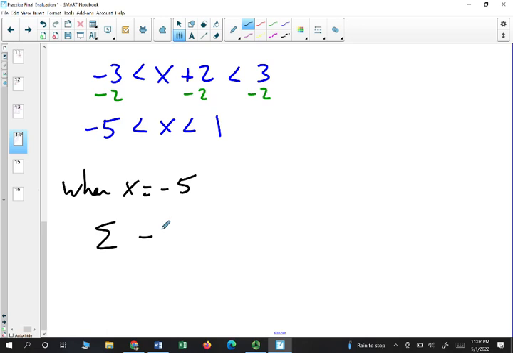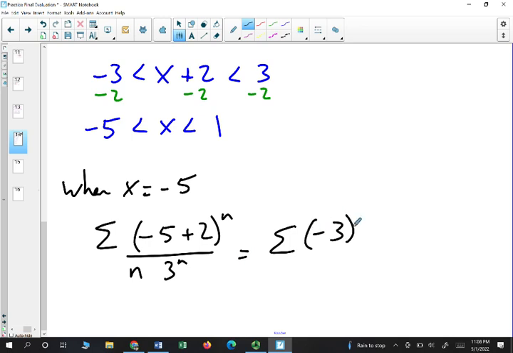So summation of (negative 5 plus 2) to the n over n times 3 to the n. That gives us negative 3 to the n over n times 3 to the n.